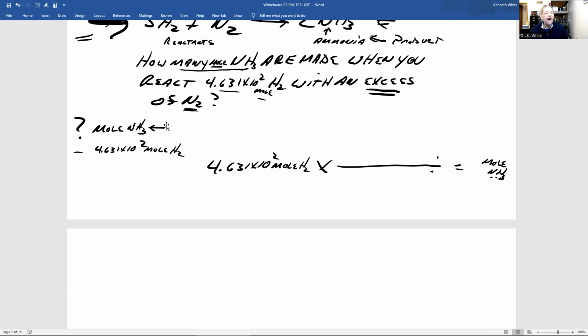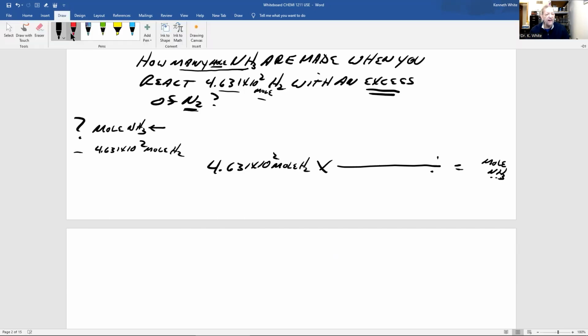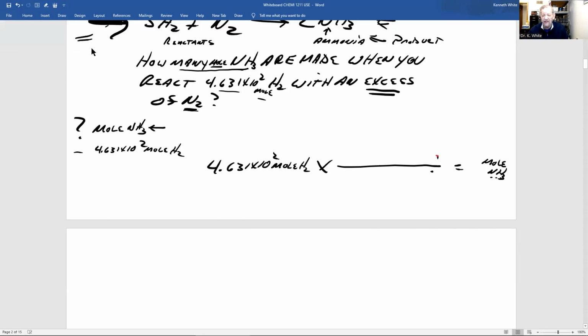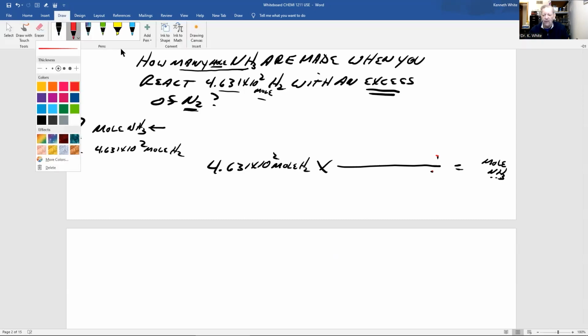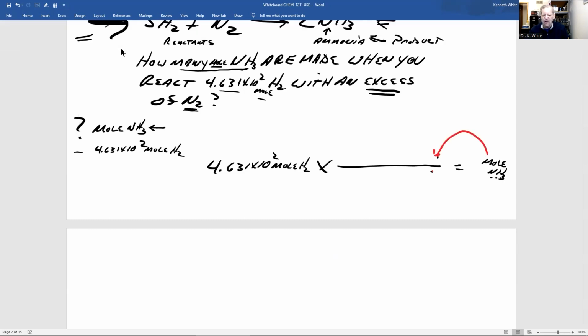All right. How do we proceed to find out what units go on top and bottom of this ratio? Use your good buddy, unit analysis. What we're trying to get to, the units go on top of the ratio.